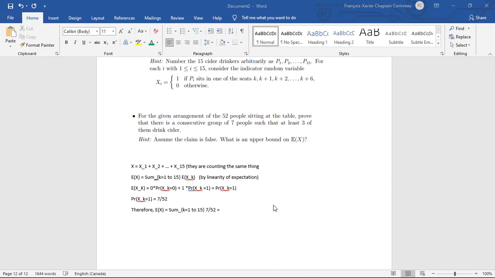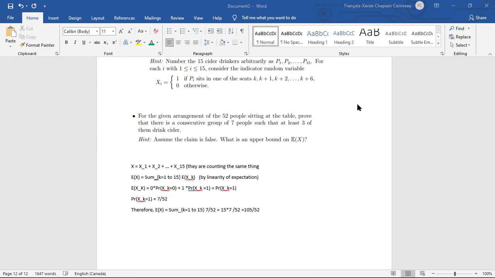This is equal to 15 times 7 over 52. That's equal to 105 over 52. And is this greater than 2?